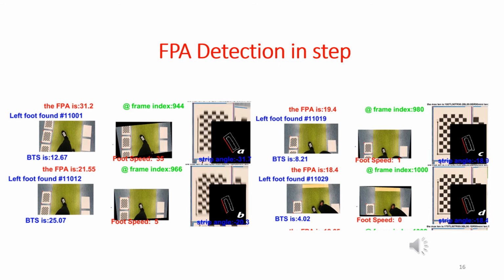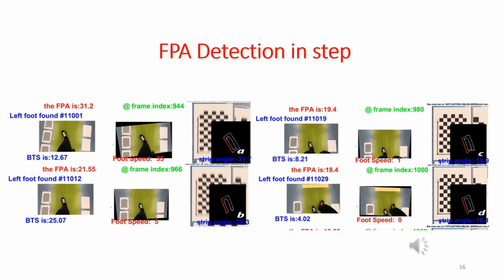On the left bottom corner, we can see the foot speed is dropping by 5 centimeters per second. Actually, at this stage, the foot is almost flatly on the ground, but the ground force impact to the body and the calculating errors tell us the foot speed is still moving.